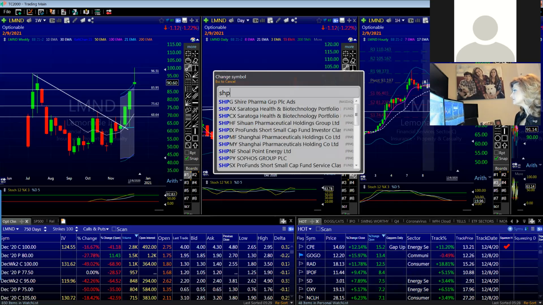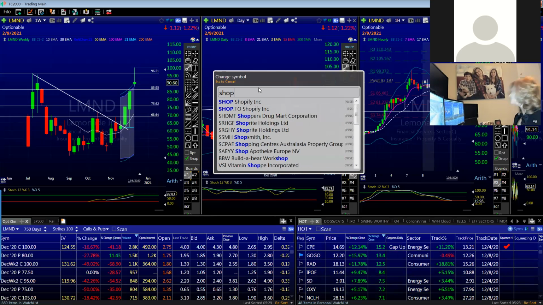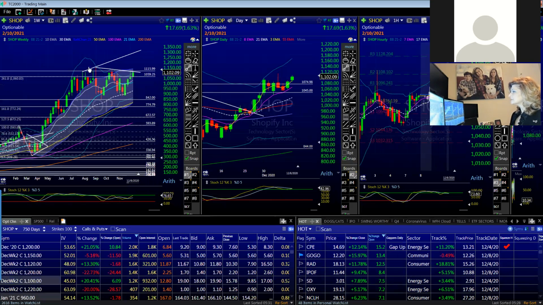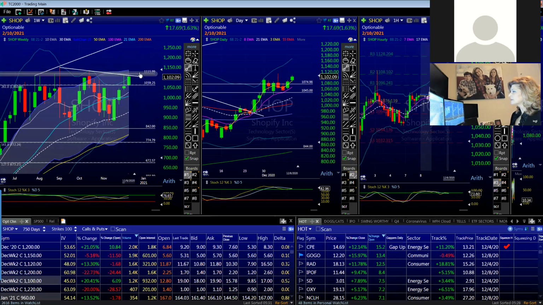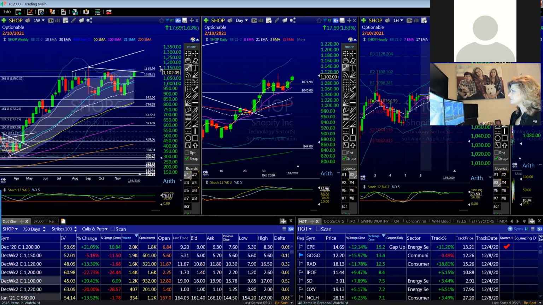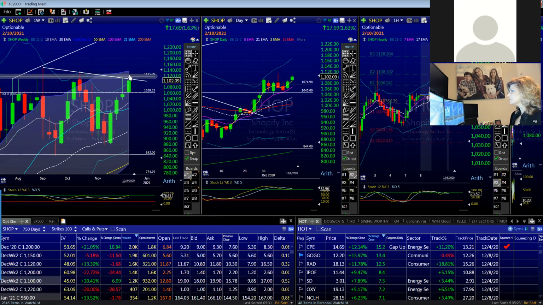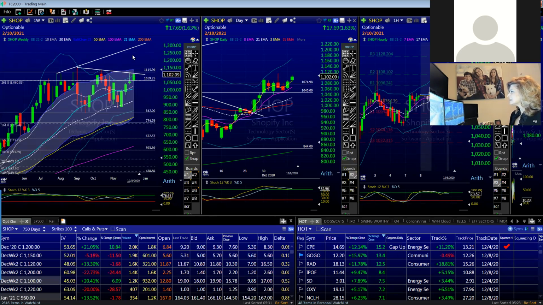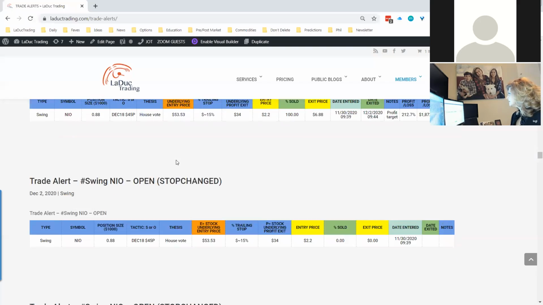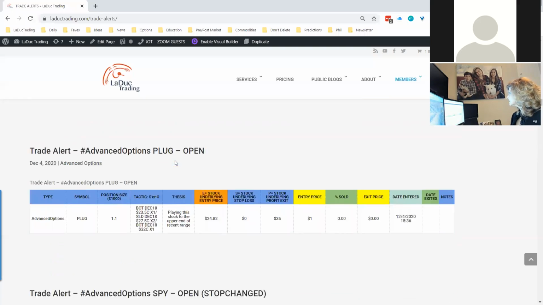Andrew put it on today because it looks like it's ready to break this 1116. And if it does, it's got some nice air above it, right? Gets above 1116, it has definitely some room to the upside. Let's see, how did he express that trade?